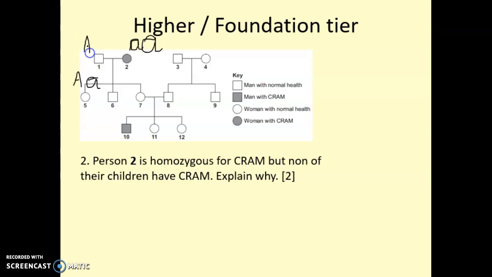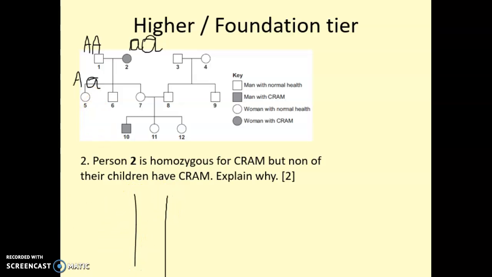He doesn't have it himself. He could be a heterozygote himself, they just haven't had a child with it, because it's only a probability, but it's likely that he is.